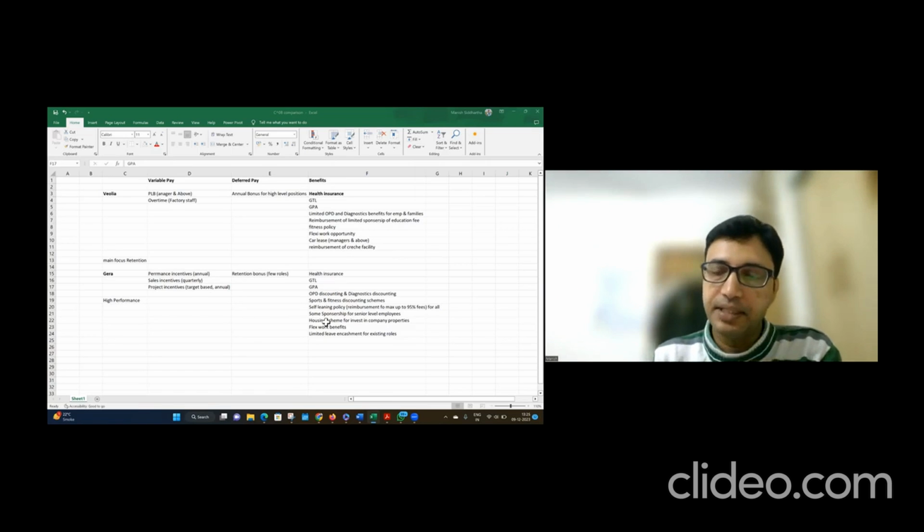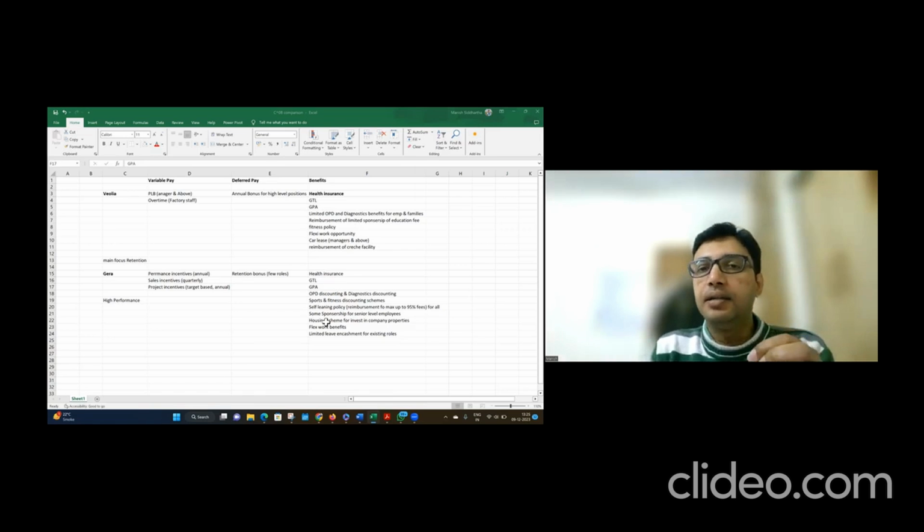In terms of benefits, since we want to retain and keep the employees motivated, we have a number of benefits. Starting from the common benefits of health insurance, GTL, GPA, we also have a very extensive OPD benefit, where almost unlimited external OPD consultation is free.